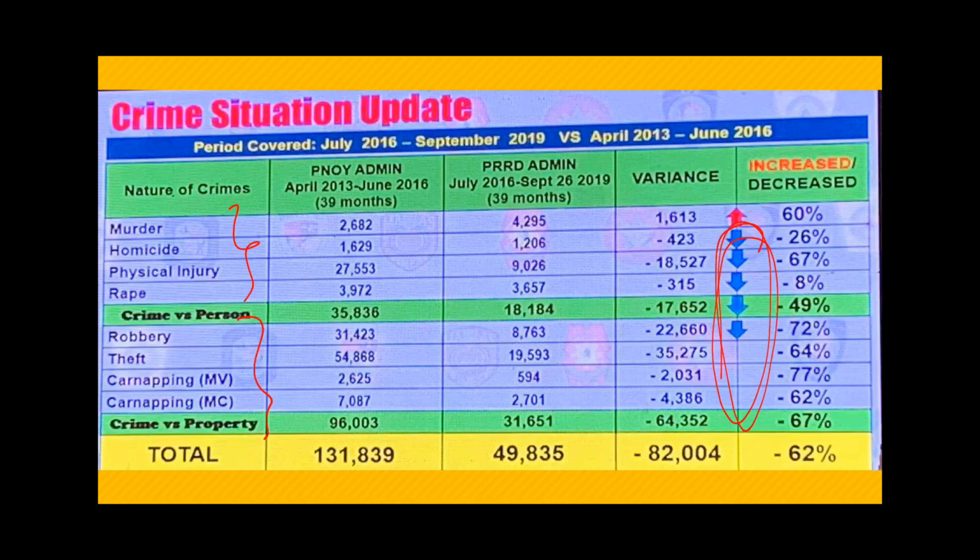However, we see that there is a huge increase in murder, and this could be connected very much to the alleged extrajudicial killings that are being pointed out by the Human Rights Watch of the UN.